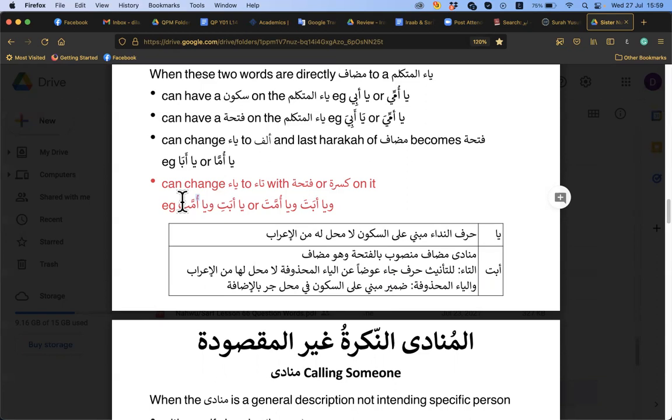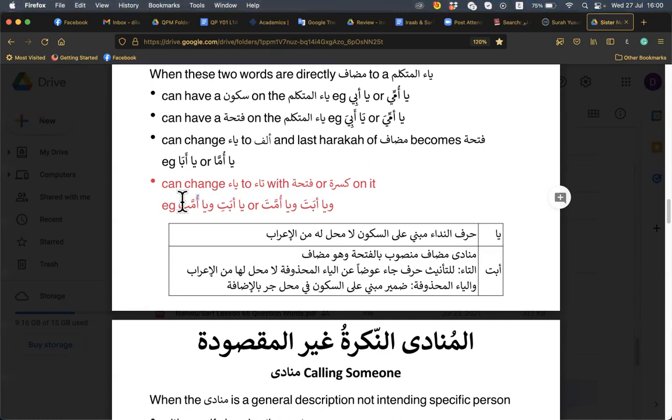So from abati, can it be ism tasghir giving the meaning of my beloved? This is still not ism tasghir, because ism tasghir has a pattern, for example fu'ail, on the pattern of fa'il. So definitely this is not your ism tasghir. Okay, inshallah.